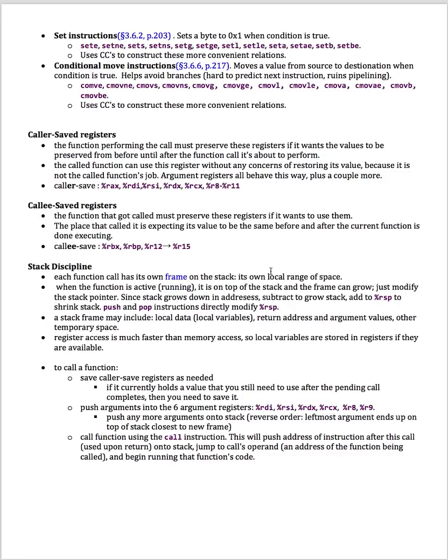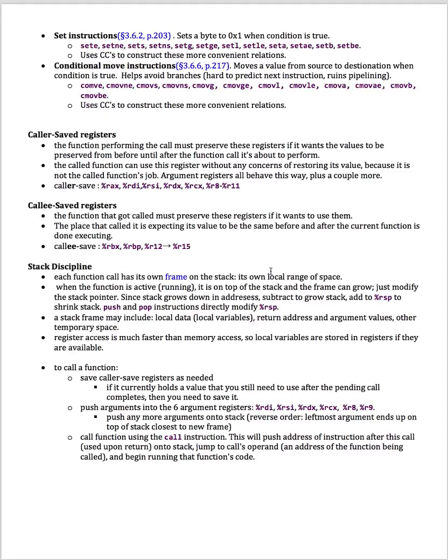For example, when a function A calls function B, function A is called the caller, and function B is called the callee. In caller-saved registers, the caller function A should preserve the value of that register.